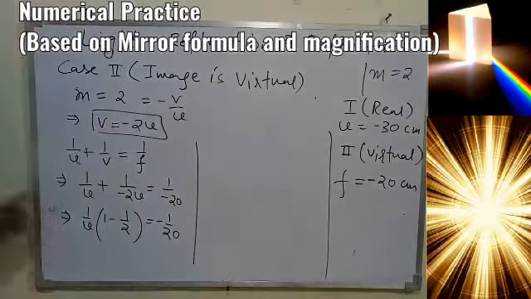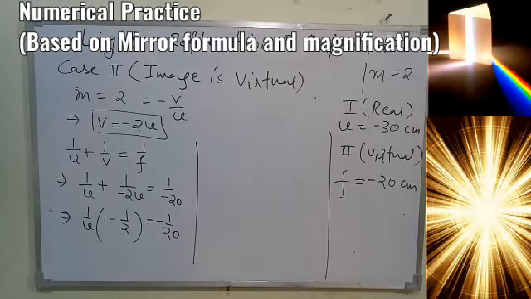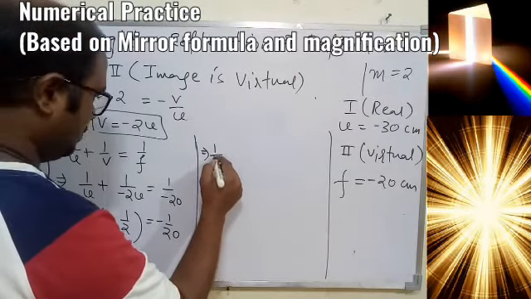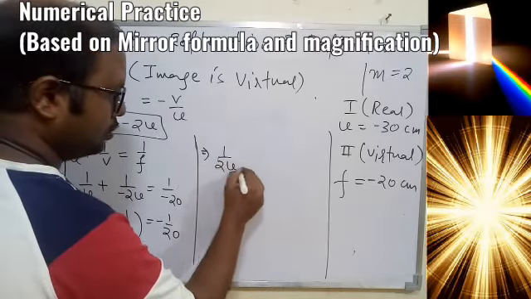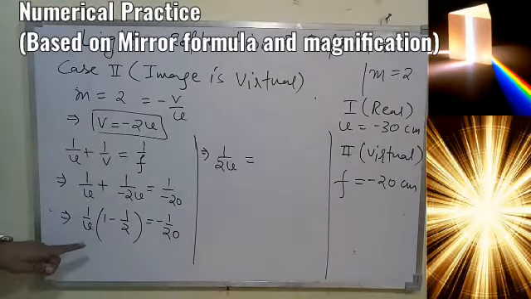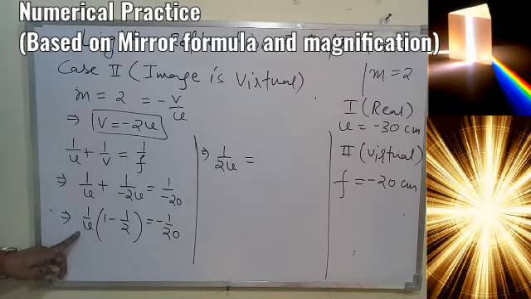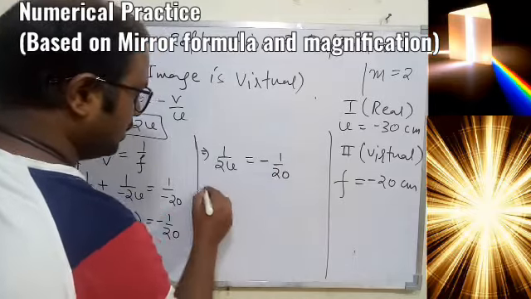So this will be again 1 minus 1 by 2, which is nothing but 1 by 2 only, 1 minus half is half. So this will become 1 upon 2u. I hope it is understood. 1 minus 1 by 2 is 1 by 2, and u is there in the denominator only, and this is minus 1 upon 20.